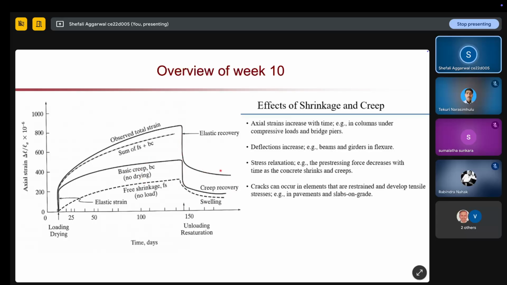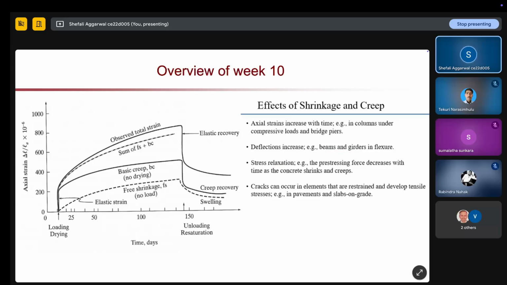So what are the different effects of creep and shrinkage? When your axial strain increases with time, for example in columns under compressive loads and bridge piers, your deflection will also increase, for example in beams and girders. The next effect is stress relaxation.